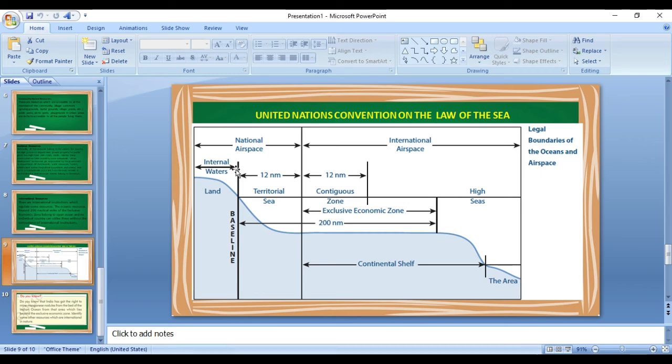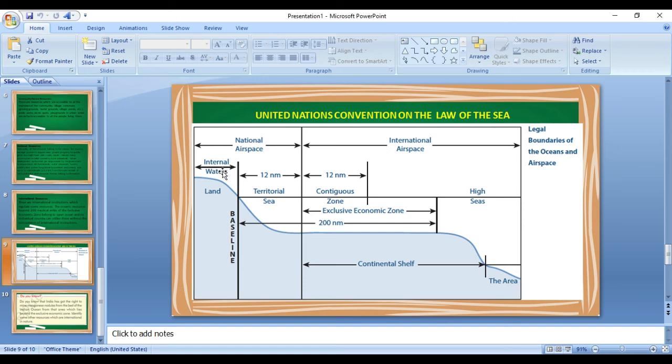It is dissected, it is zigzag. So for this dissected and zigzag line, how do we decide which one is the baseline? That's why we leave a certain amount of coastal water, and roughly we try to draw one line, which we consider as the baseline.